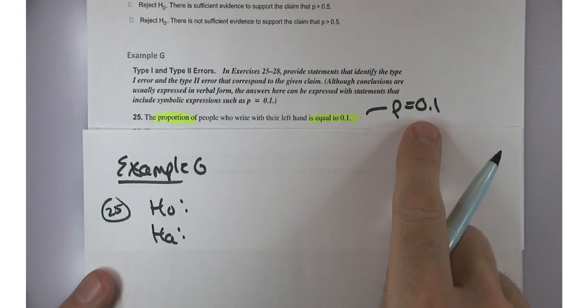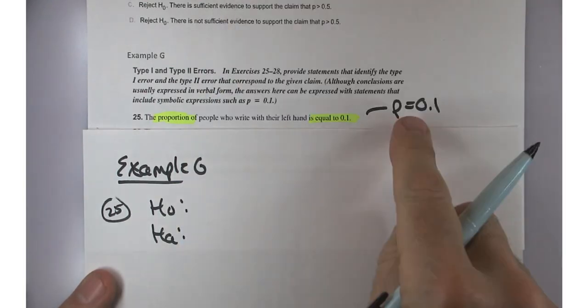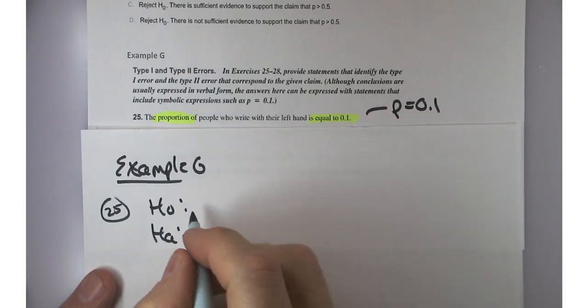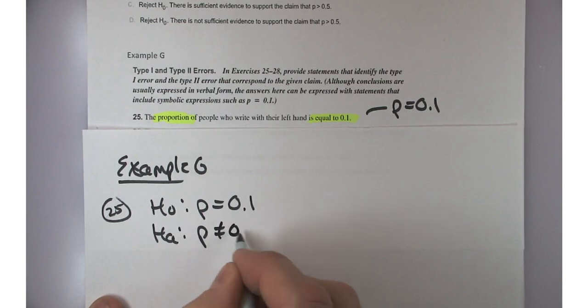It has the possibility of equality, so it has to go into H naught. So P equals 0.1. Now, if that's our null hypothesis, what's the alternative hypothesis? P is not equal to 0.1. Great. So we have to get that straight before we start our type 1 and type 2 errors.